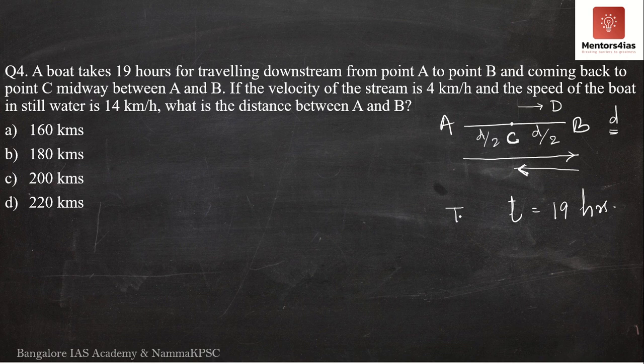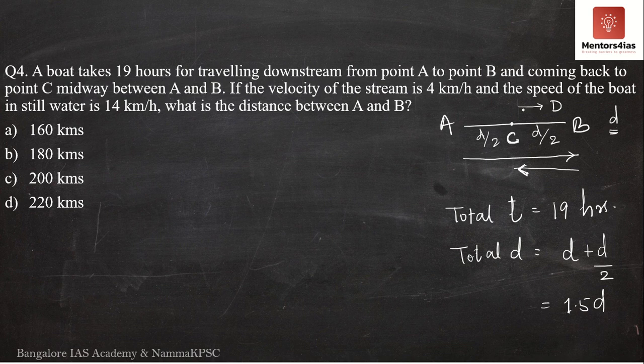Therefore, if total time is 19 hours, what is the total distance? The total distance traveled in 19 hours will be what? D plus D by 2, which is nothing but D plus 0.5 D. So the total distance traveled is 1.5 D.